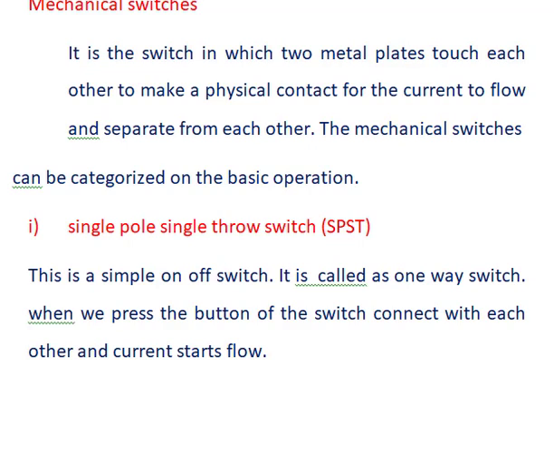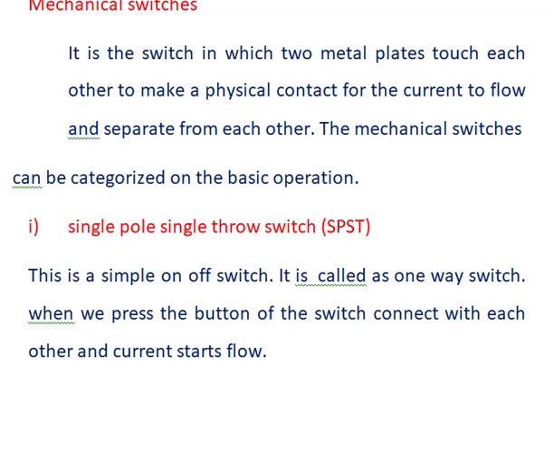So there is the continuity of the metal plates. If we take a continuous wire, we can pass the current or voltage from one end to another end. If you cut the wire, the passage of current is disturbed.